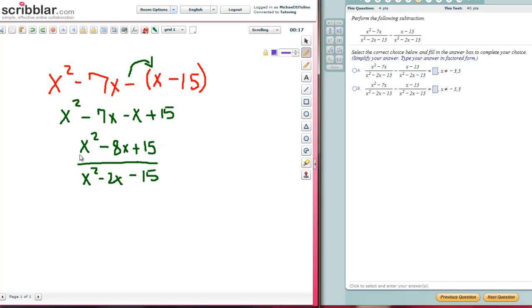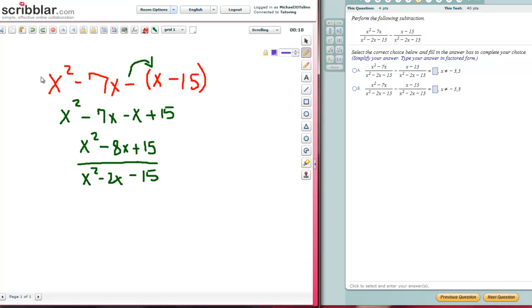But because it's attached here as part of this polynomial, you can't just automatically cancel those. Another one that they try to cancel are the x squareds. Can't do that because it's attached to the entire polynomial. The factors must be exactly the same at the top and bottom in order to cancel them.